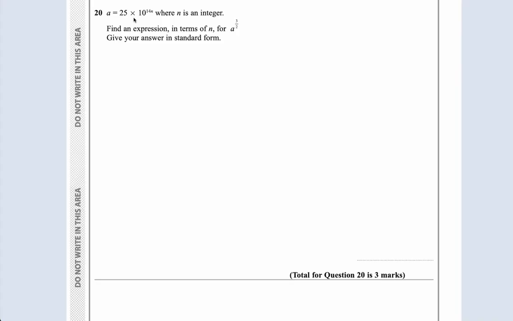A equals this, where n is an integer. Find an expression in terms of n for a to the power of 3 over 2. Okay, so this question, guys, it's actually not too bad, but you need to know your rules of indices. So let's first write a is 25 times 10 to the power of 14n.